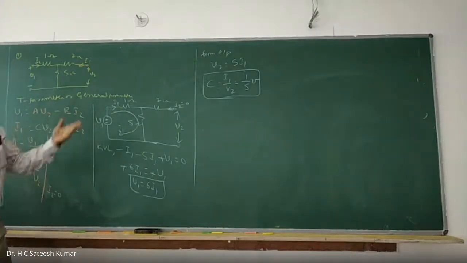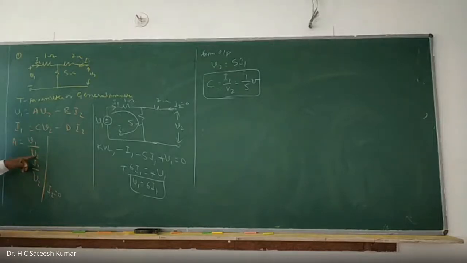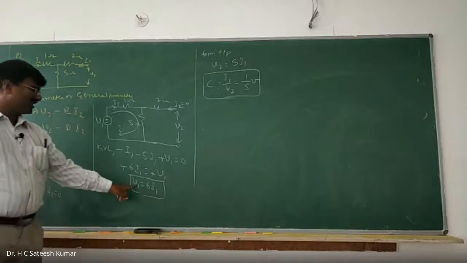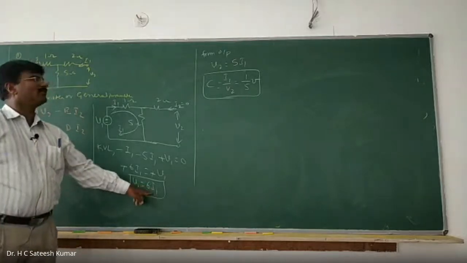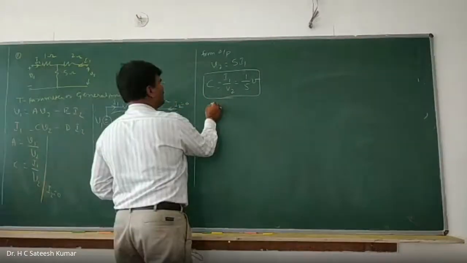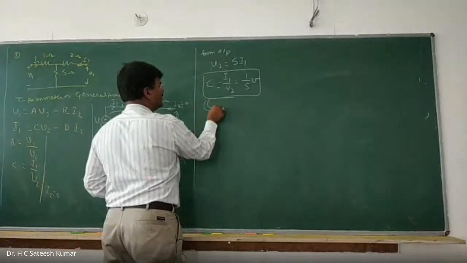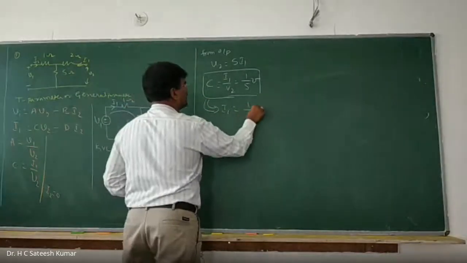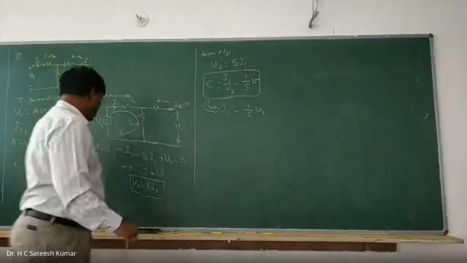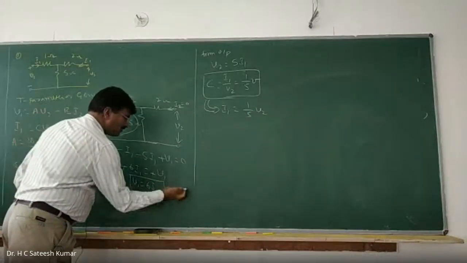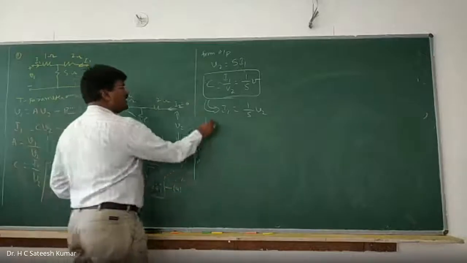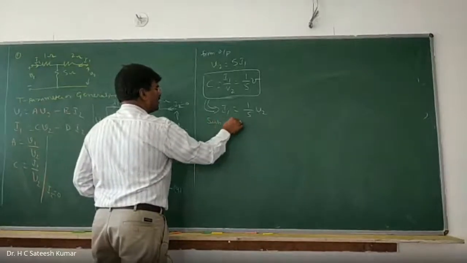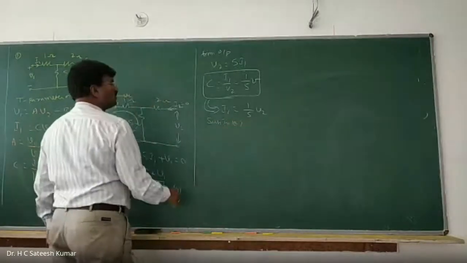Once you get this C, now what is A? A is equal to V1 by V2. So what do we want to do? We have an equation for V1. Eliminate I1 and you automatically will get it. From this, I1 is equal to 1 by 5 V2. Substitute in the equation for V1.